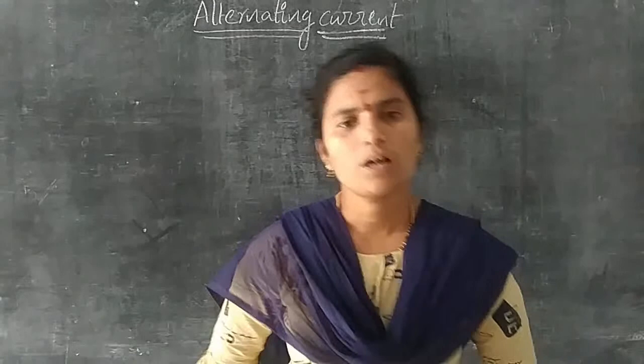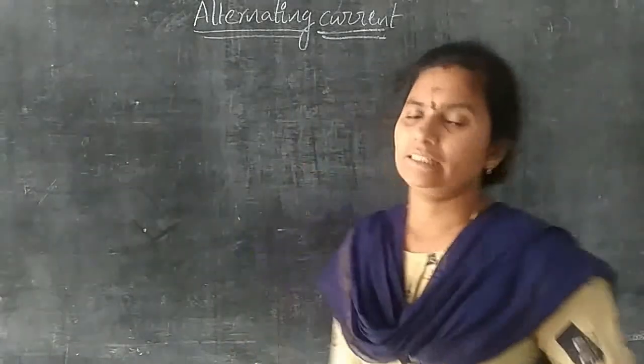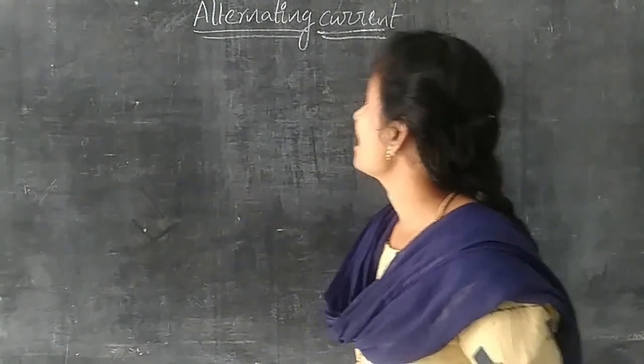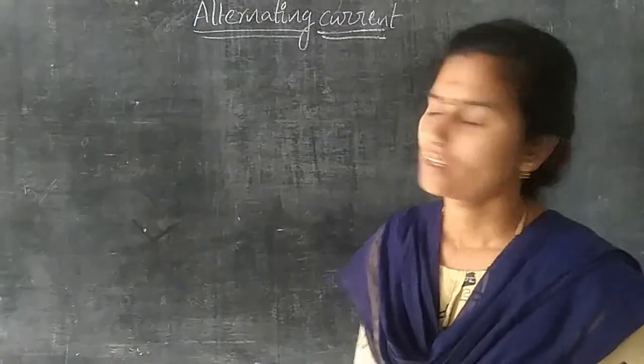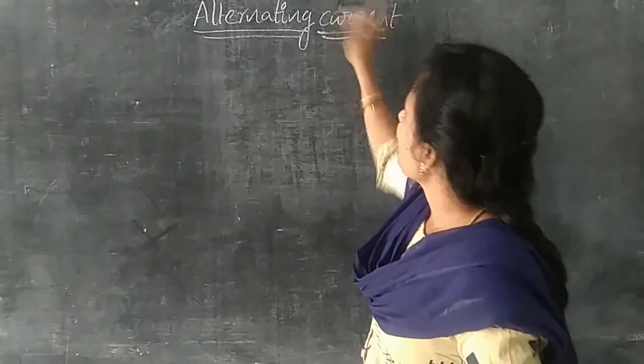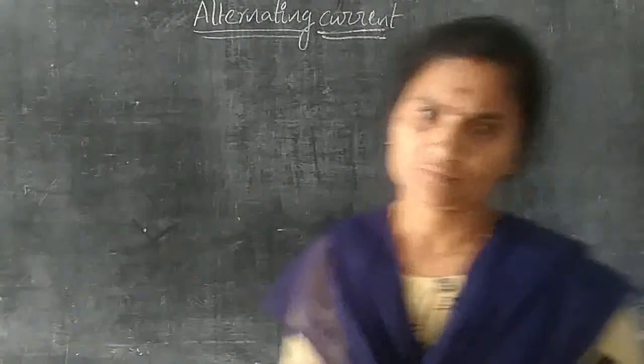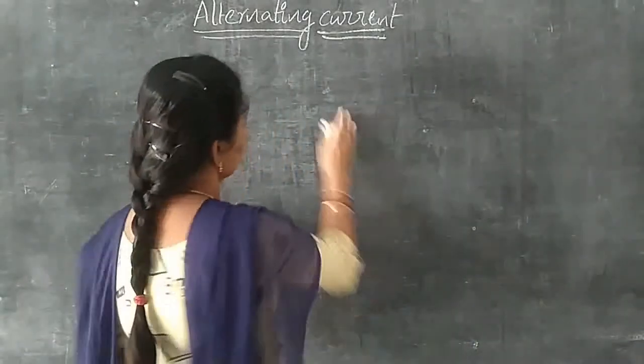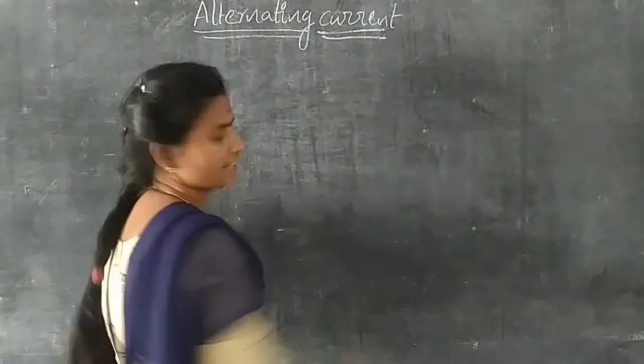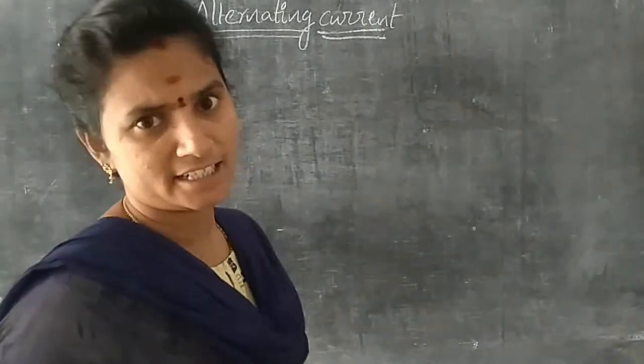Okay, now I would like to explain the next chapter, alternating current. So, what is alternating current? How can we say that it is an alternating current and it is a direct current?